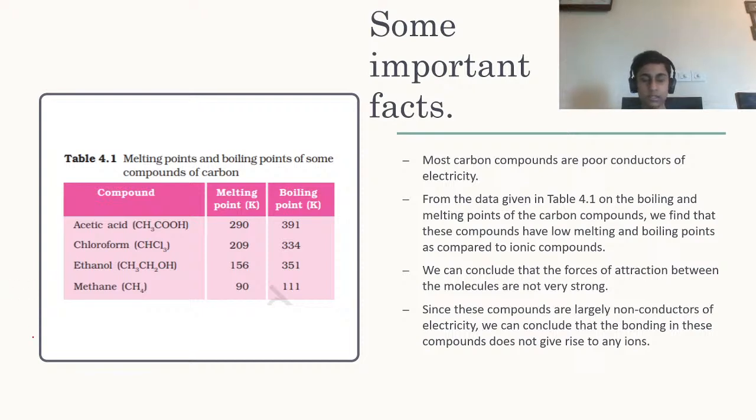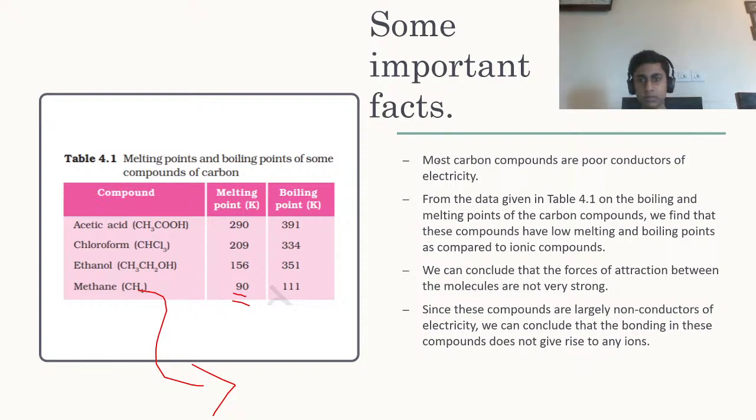Ethanol, which is C2H5OH or ethyl alcohol, has an even lower melting point and boiling point, a little bit higher than chloroform. Methane is itself a gas, so it does not require much to melt. Its melting point is 90 Kelvin, and its boiling point is also very low because it's already in a gaseous state.